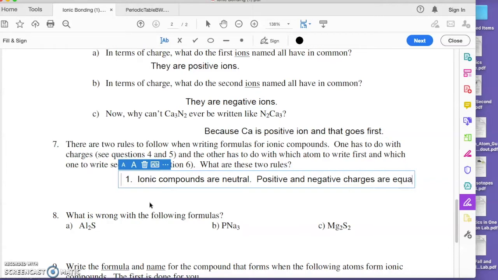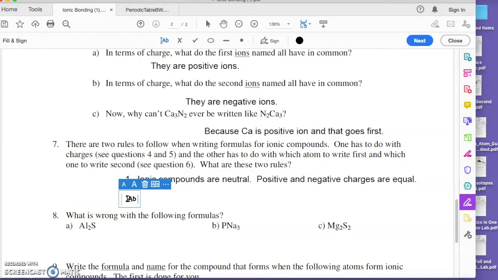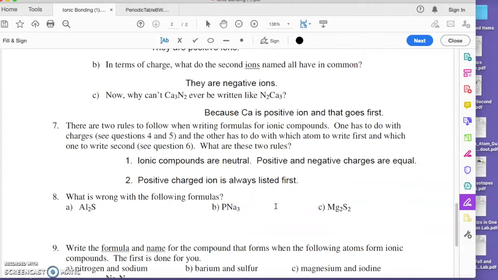That's rule 1. Rule 2 is that the positively charged ion is always listed first in the name, okay? And if we follow those 2 rules, we can make any ionic compound.